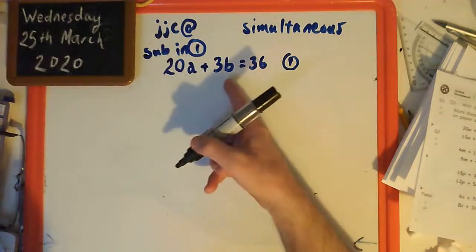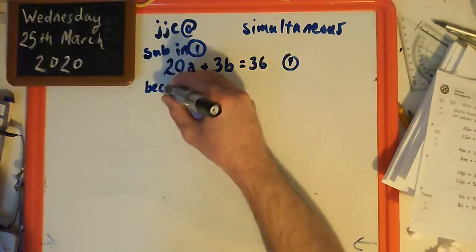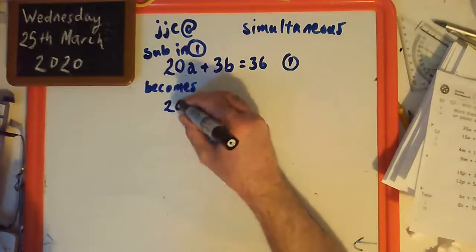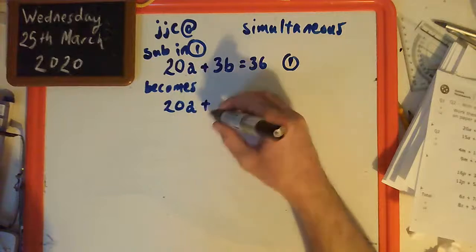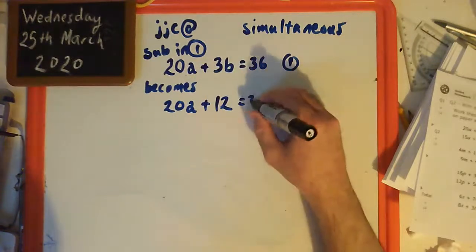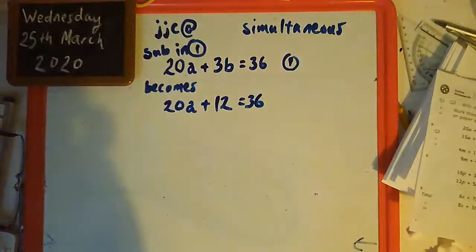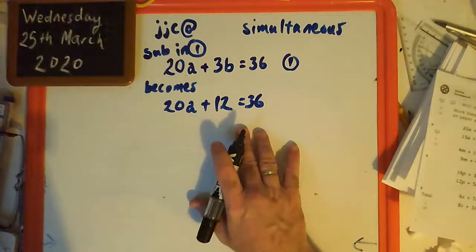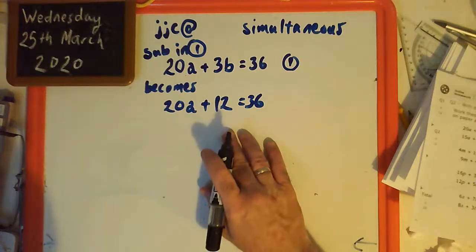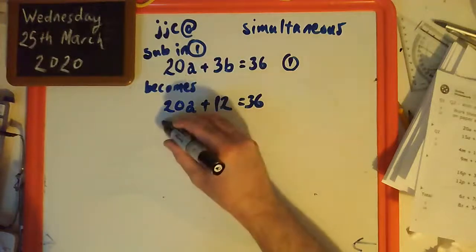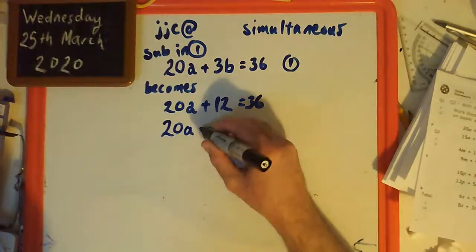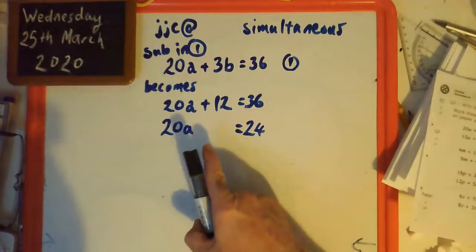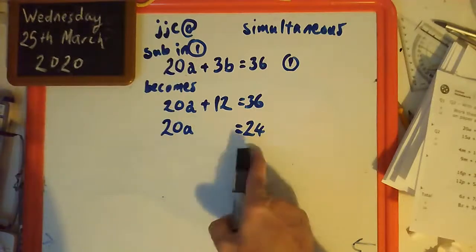So 20a plus 3b equals 36, and the 4 that I just found out means that that equation becomes 20a plus 3 times 4 is 12 equals 36. 20a plus 12 equals 36. So we've got another equation that's just one thing in one unknown, and we can just solve that like any other equation. So 20a, I'm going to take away the 12 from both sides to get the a bit on its own. 20a equals 24.